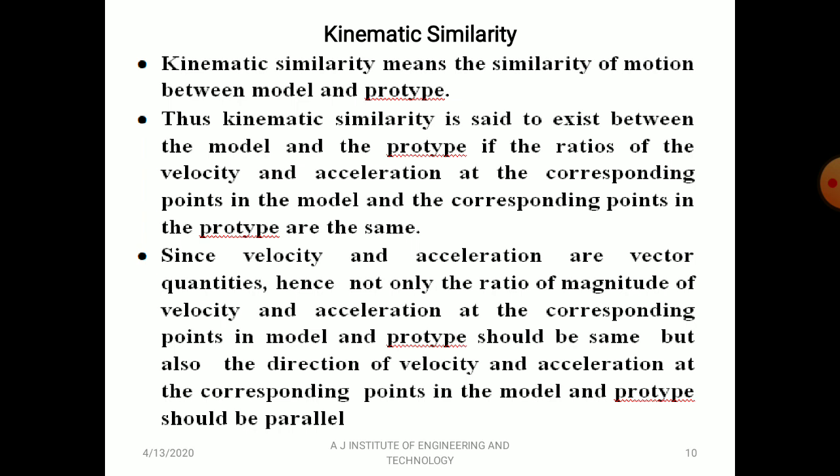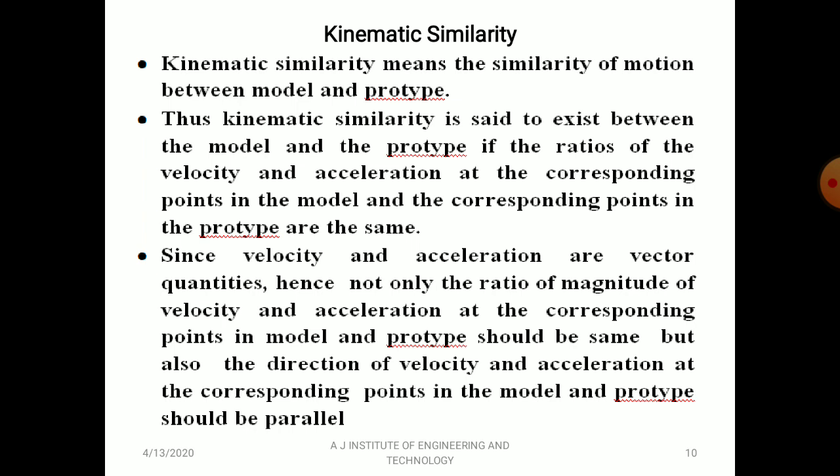As we all know, for motion the two important flow properties are velocity and acceleration. So that should be considered. It is said to exist between model and prototype if velocity and acceleration at corresponding points in prototype and model are the same.